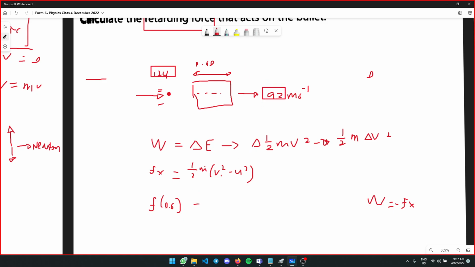So F times 0.6 equals 1 over 2 times the mass of the bullet, 1.5 times 10 to the power of -3, times 92 squared minus 124 squared. Put all of this in your calculator and you will get 8.64 newtons. So that is the retarding force.